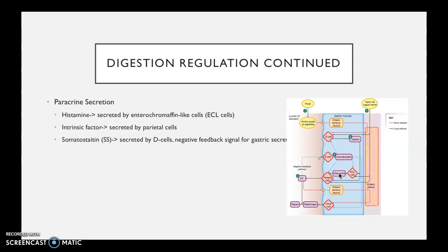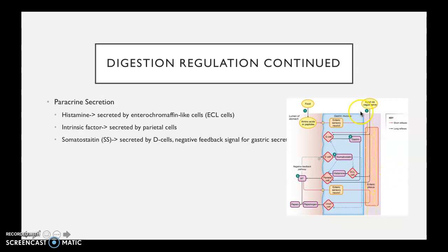Next is the intrinsic factor, which is secreted by the parietal cells. And then the SS, somatostatin, which is a form of growth hormone, is secreted by D cells, as you can see right here, and is a negative feedback from the acid. So that then acts on the ECL cells. Again, this picture outlines really well how all these interact.